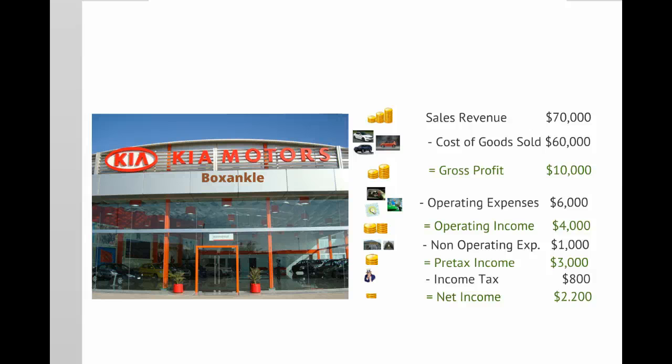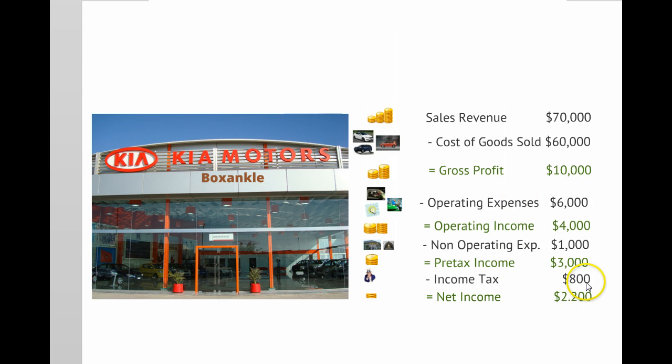So that's it. We've traced the sale of these three cars from purchase by the dealership, $60,000 in cost of goods sold, to the customers buying them, the top line, for $70,000, giving us gross profit, subtracting out operating expenses to give us operating income, subtracting non-operating expenses to give us pre-tax income.